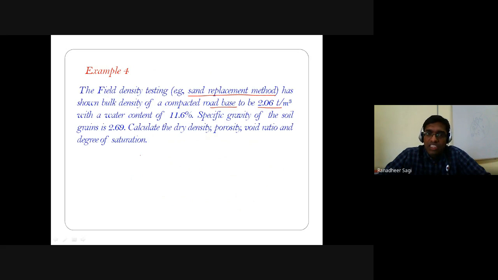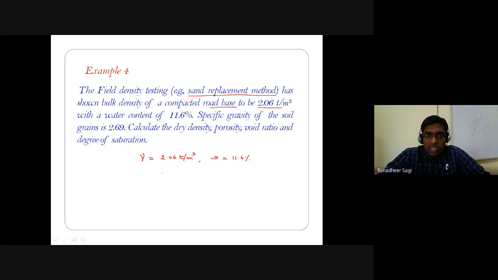So the field density, that is the unit weight of that compacted soil, is 2.06 tons per meter cube, and it is compacted at a water content of 11.6%. So the water content existing in that soil is 11.6%, and the corresponding unit weight achieved is 2.06 tons per meter cube.